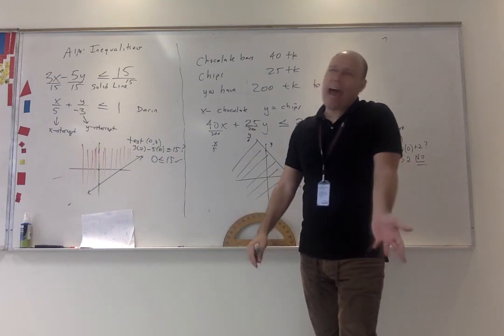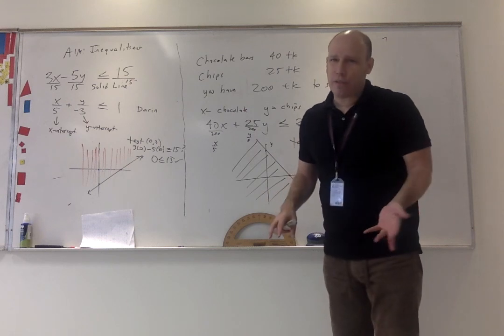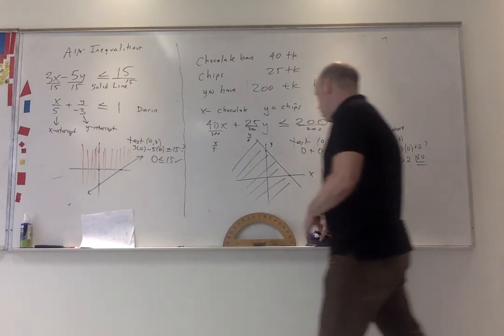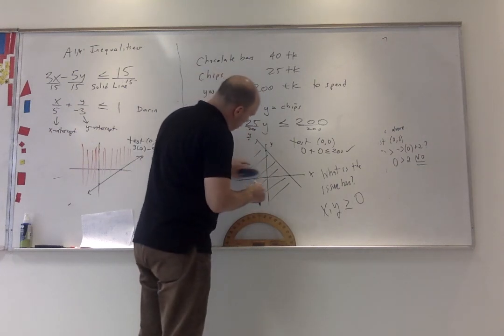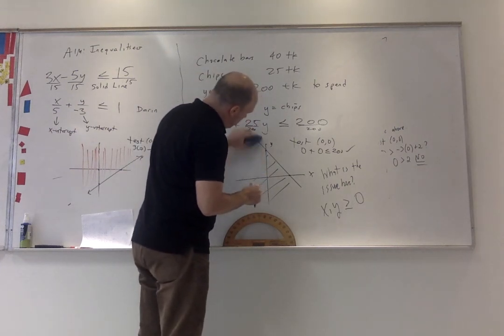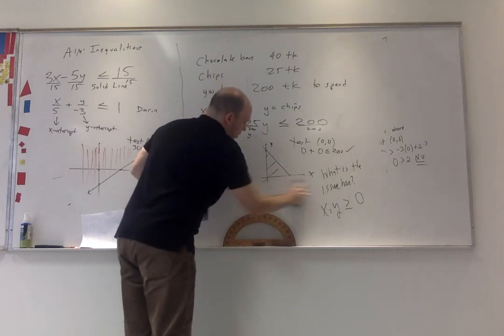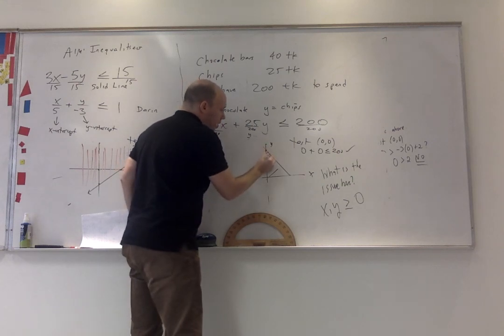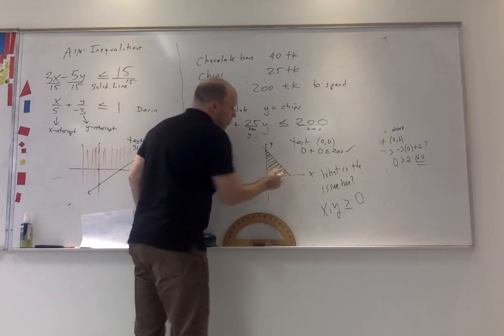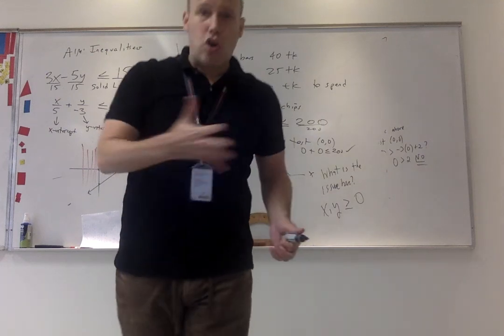I can't have negative 7 bags of chips. So the idea is we're going to take everything else out. And so the answer only lies in the first quadrant. And that's it. Okay, I'm going to put some homework out. That's the homework for the week.